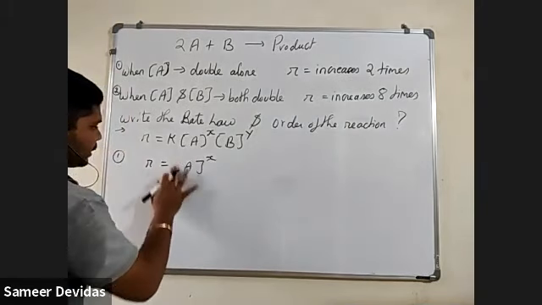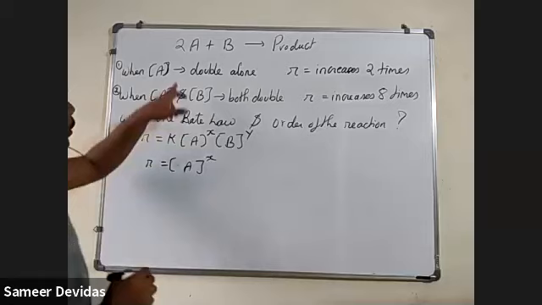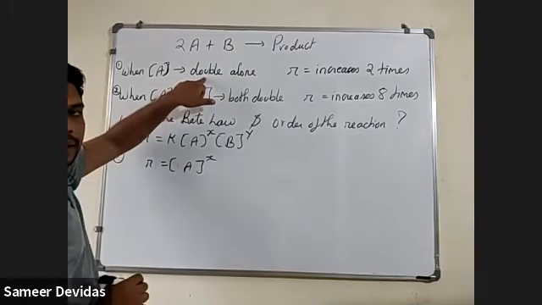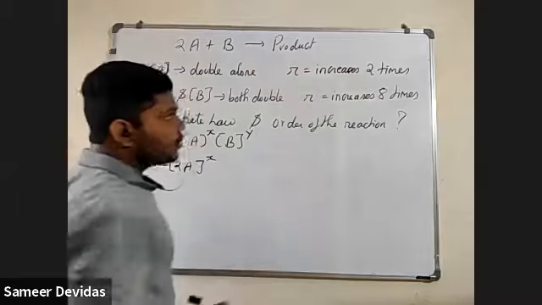So what do they say, students? A doubles, so it is 2A. And what happened to the rate here? It increases 2 times, so the rate also should be 2.